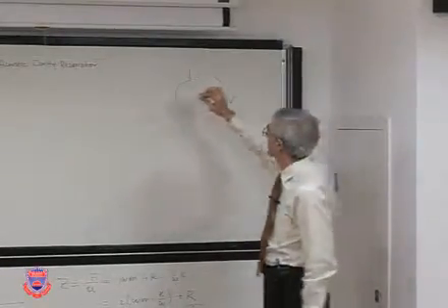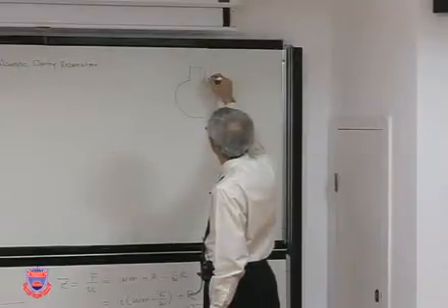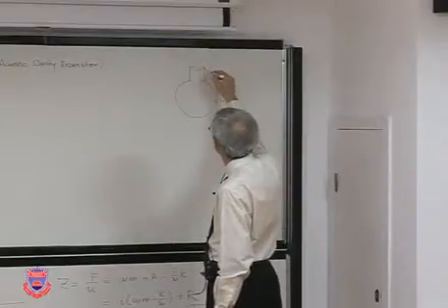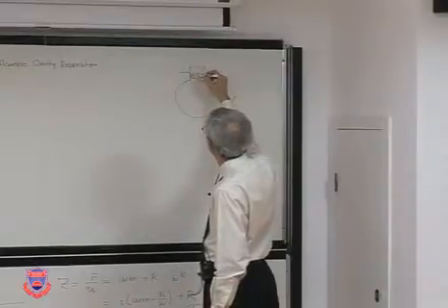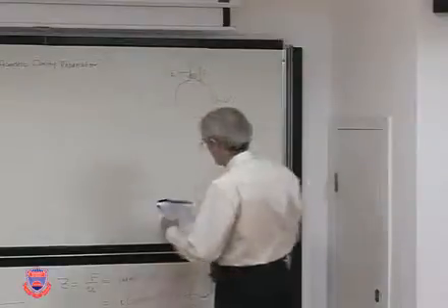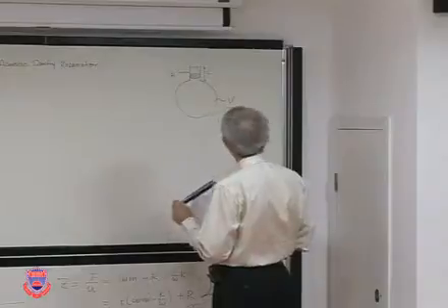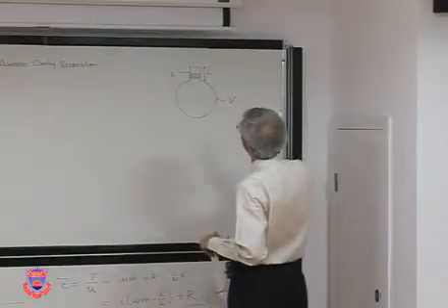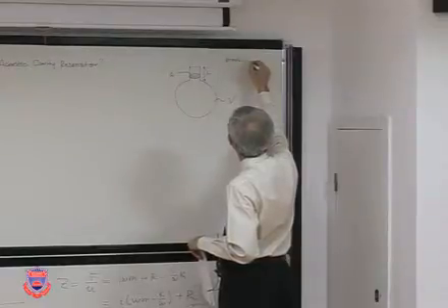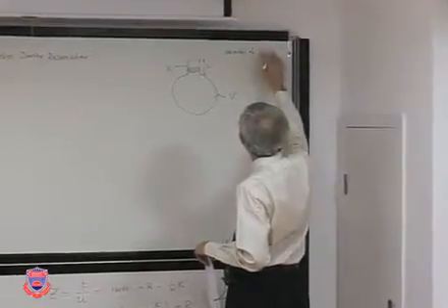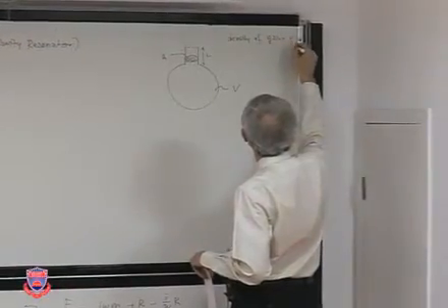Neck part is the important part, and neck has a length L and an area A. And the density of gas is rho.